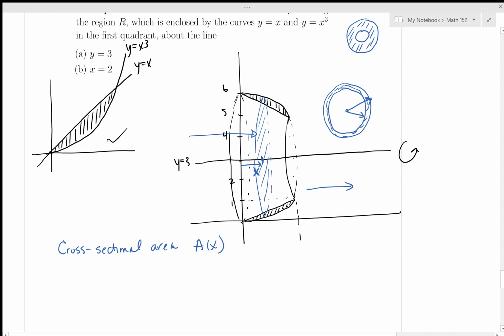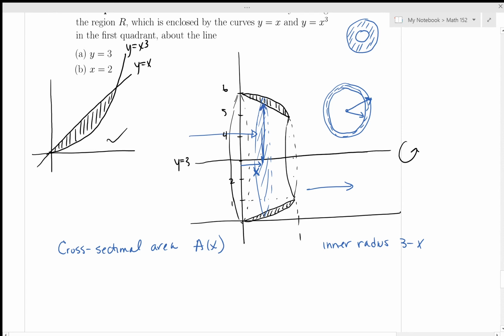So what is my inner radius? Let's think about my inner radius here. My inner radius is 3 minus x. Why is that? Because y equals x, and the inner radius goes to this inner line.